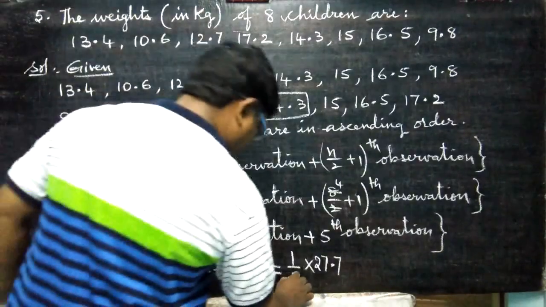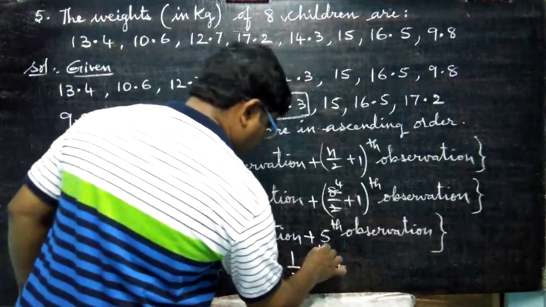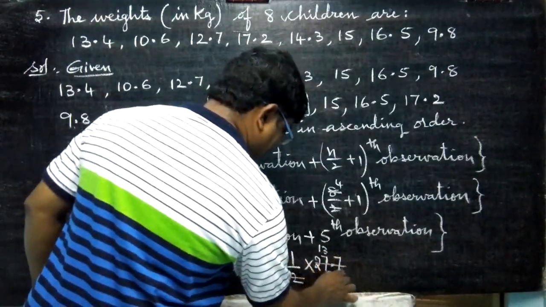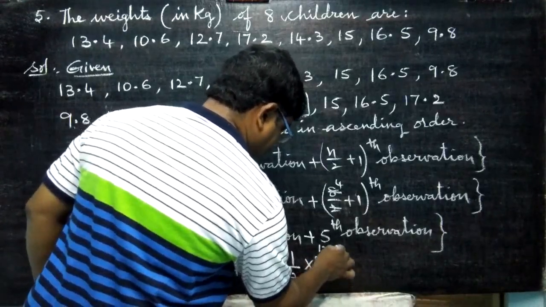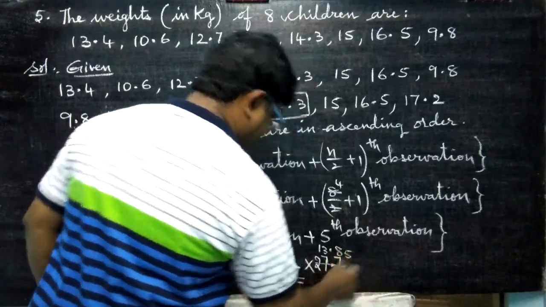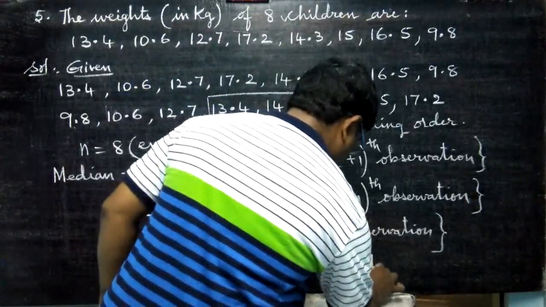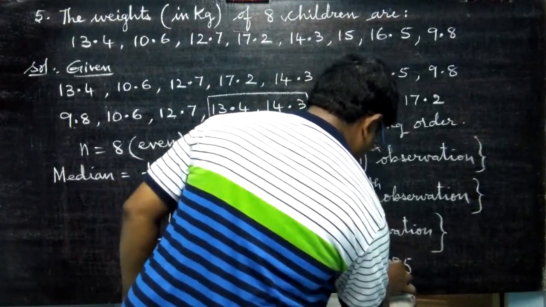Now divide by 2. 2 ones are 2. 2 threes are 6, 1 remaining. Decimal is there. 2 eights are 16, 1 remaining, so 0. 2 fives are 10. So that is equal to 13.85.